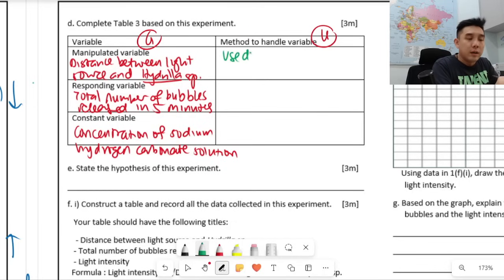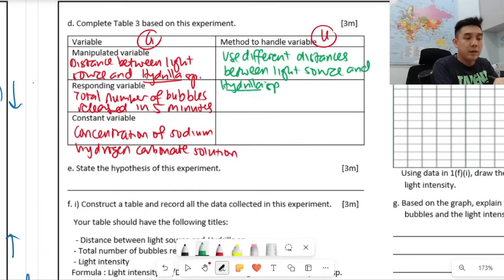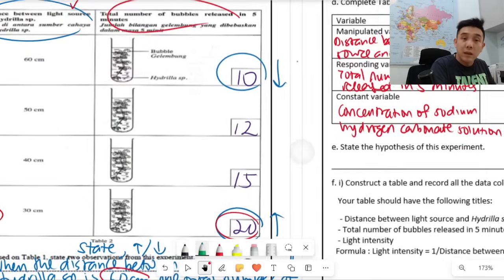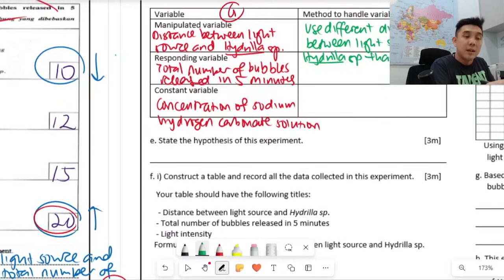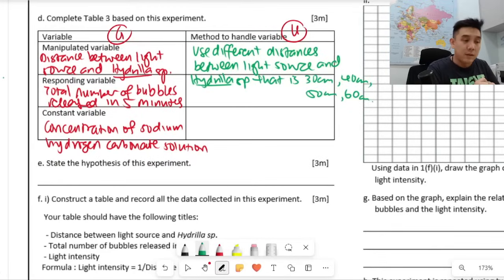Always use different distances between light source and hydrilla, that is, okay guys, we just use what you see here, the 4 values, 30, 40, 50 and 60 cm. That is 30 cm, 40 cm, 50 cm, 60 cm. Done. Like this you can get full marks.